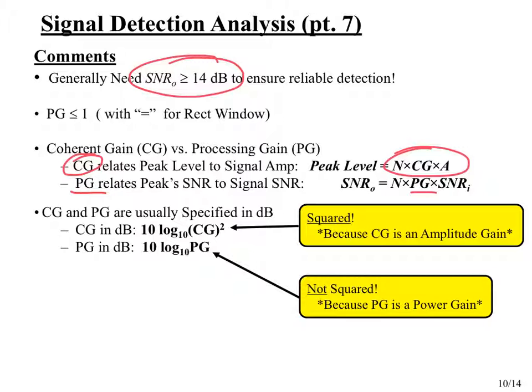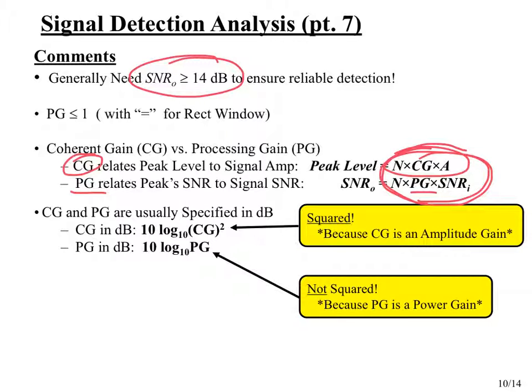And as I said, we usually specify these coherent gains and processing gains in terms of dB so that we can convert all of these equations, instead of a product of three terms, into a sum of three terms, each one being in dB.